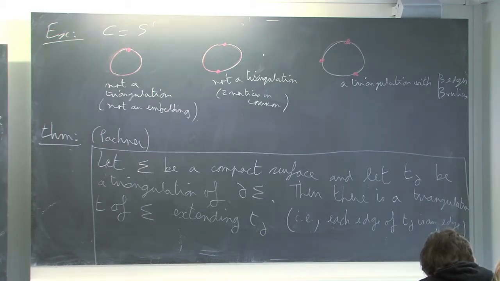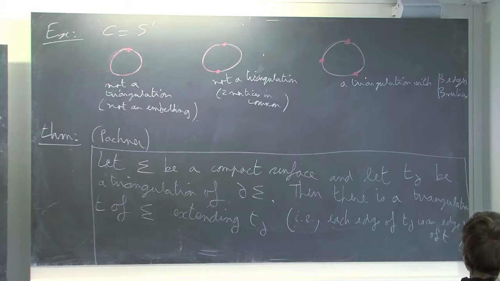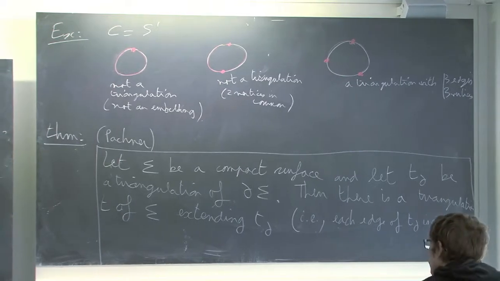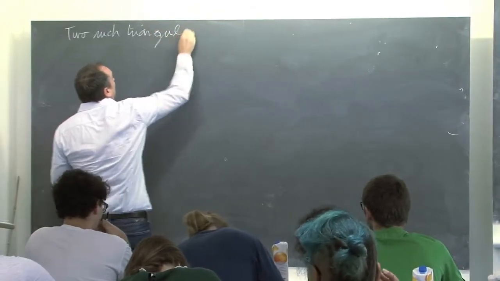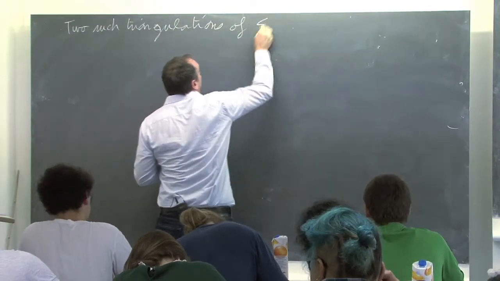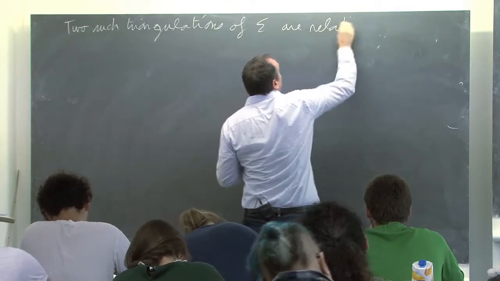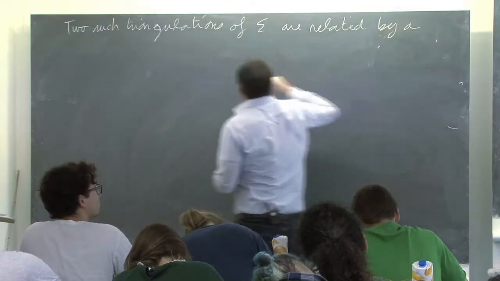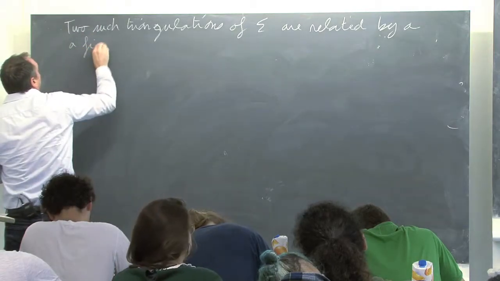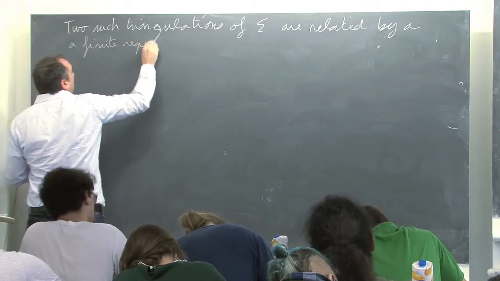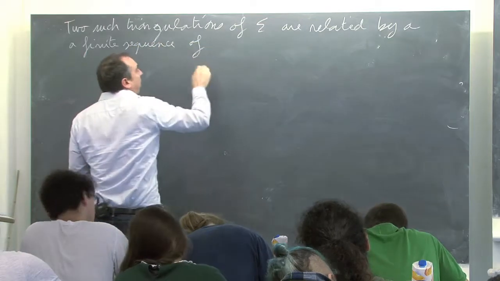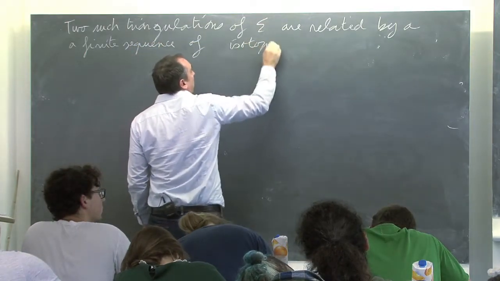And second, we have that two such triangulations of the surface sigma are related by a finite sequence of isotopies.